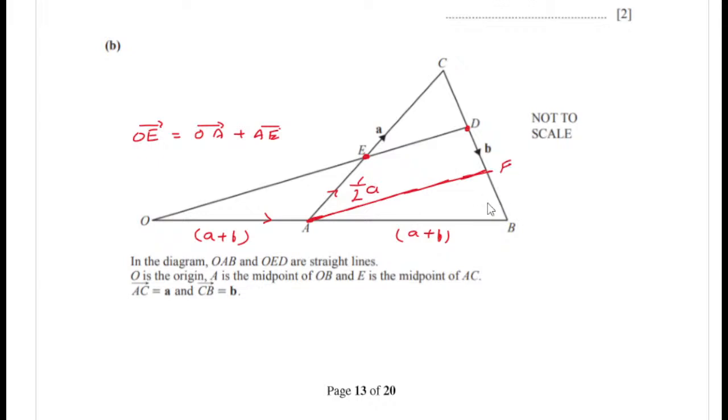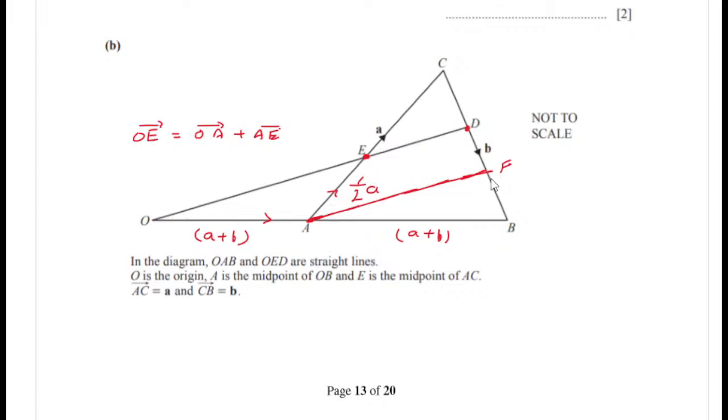Now as you can see, in triangle BOD, A is the midpoint of OB, and from this midpoint A, I am drawing a line parallel to this OD.